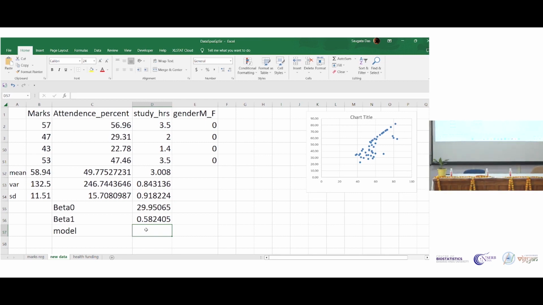So model is now 29.95 plus 0.58 into x or attendance.